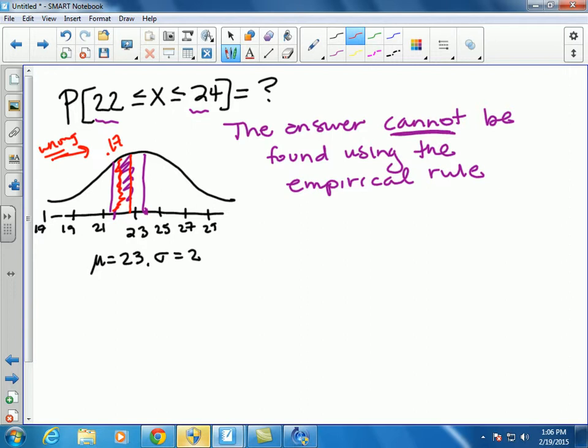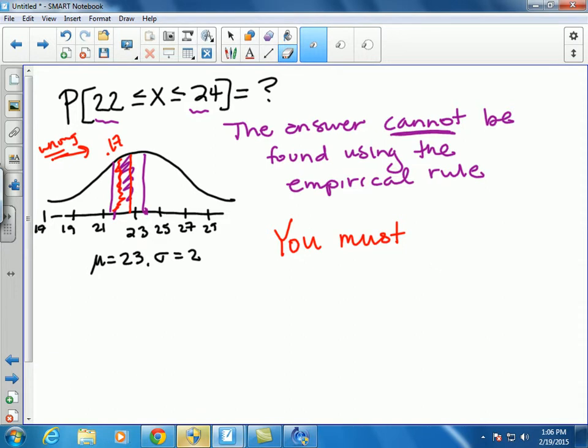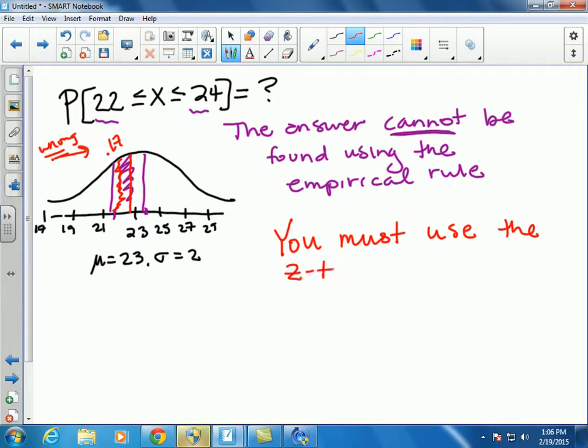So what you have to do is use the z-tables.